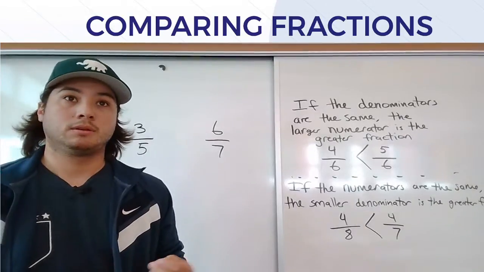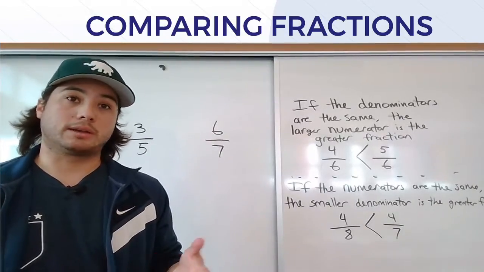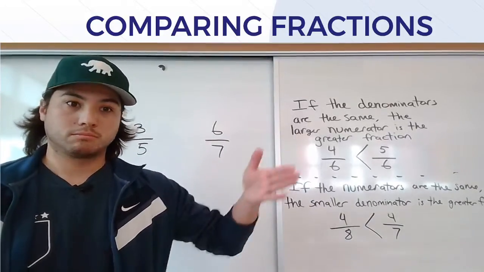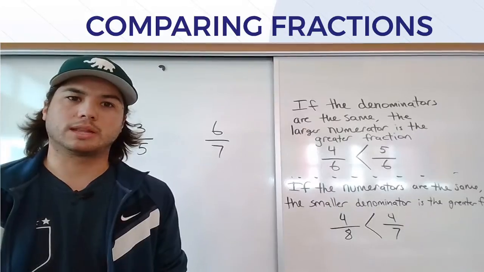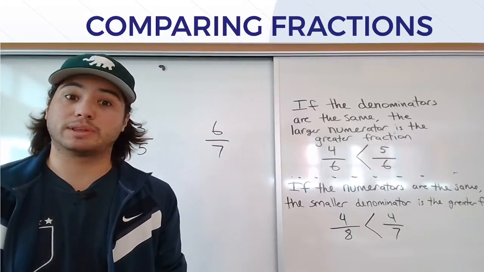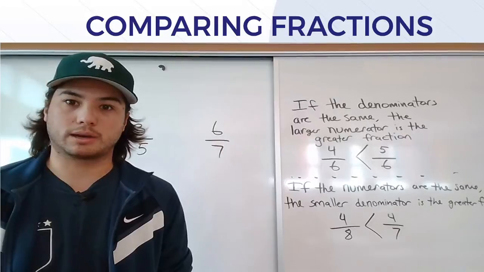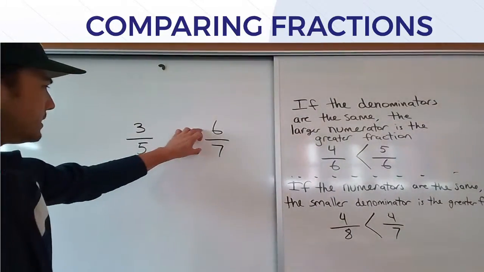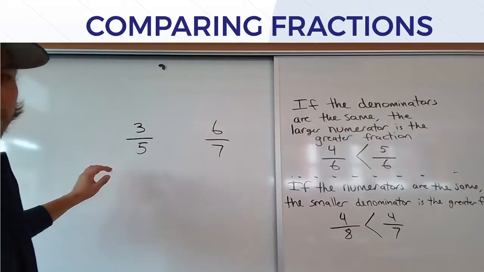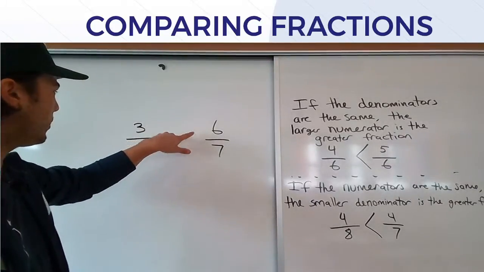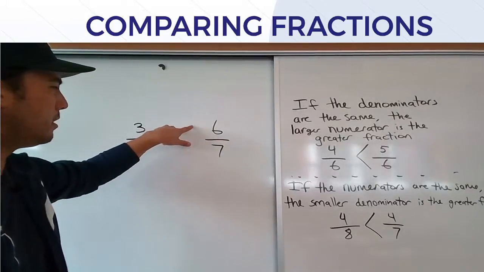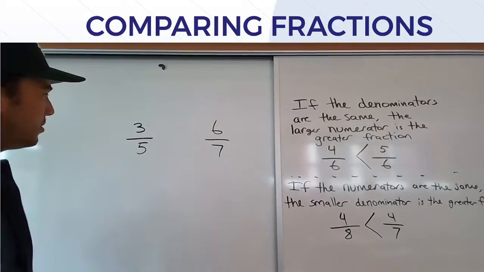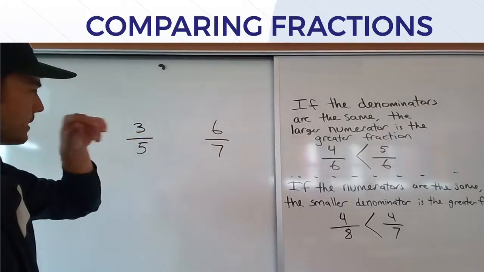Okay? Essentially what I'm doing here is I could be cutting the same amount of pizza into smaller slices, or sticking our slices of pizza together into bigger slices, but without changing the amount of pizza that we're talking about. Okay? So looking at 3/5 and 6/7, what I want to look for is, are the numerators in the same multiplication family? 5 and 7, no, those are both primes, but what about 3 and 6?